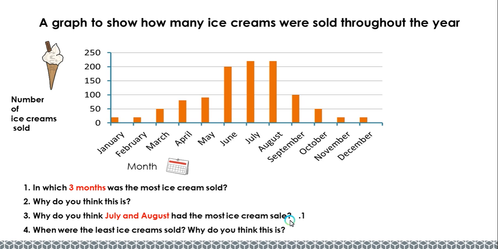So it is very small. Okay, that is interpreting the graph. With this question, we're able to interpret the graph with our answer.